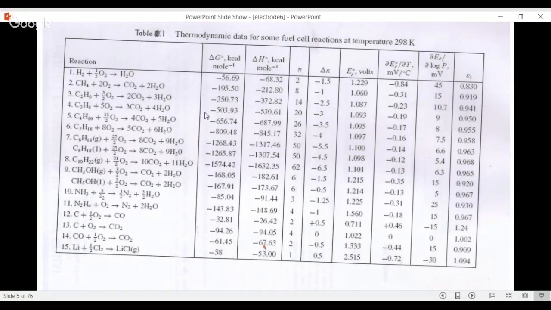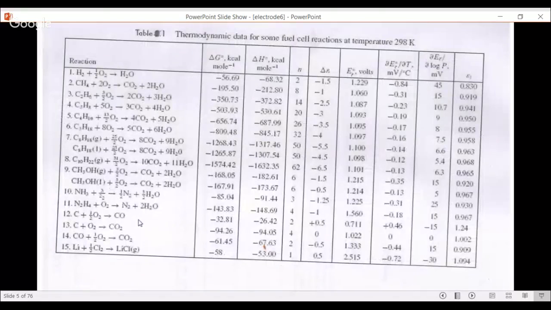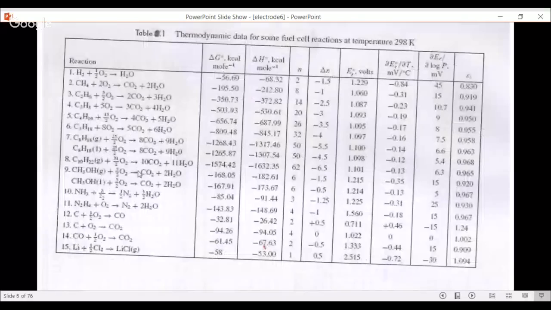So in any electrochemical energy system, for energy conversion to electricity, the reactions of importance are all given here. The 15 reactions and also another 30 reactions differ only in temperature; we will not worry about it. The important parameters are delta G, the number of electrons, and the maximum voltage that you can get.